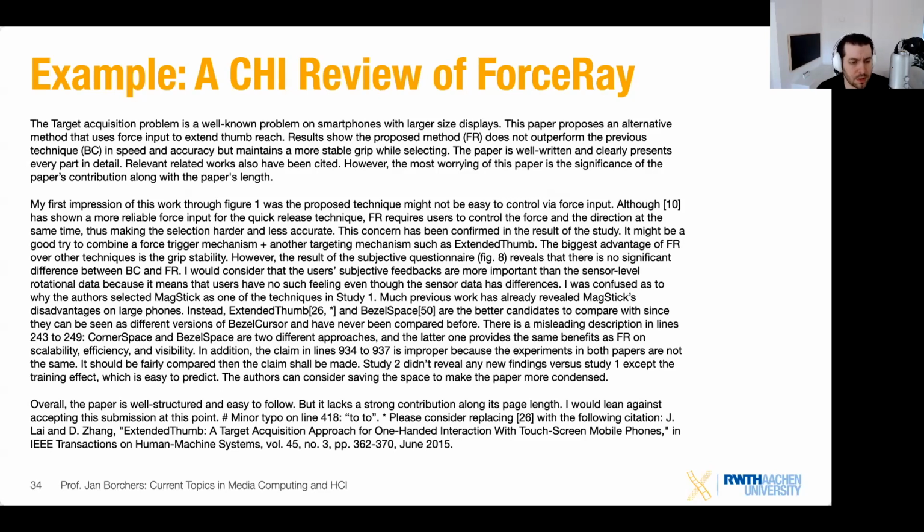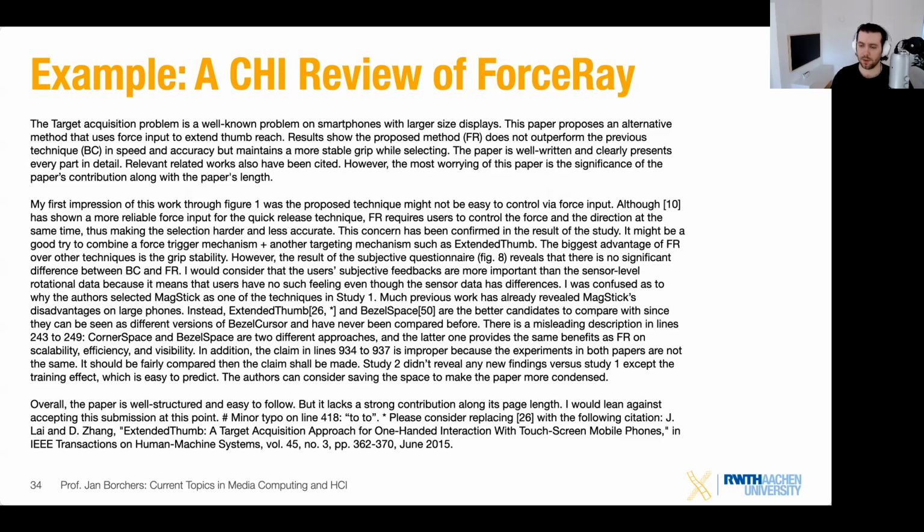Overall, the paper is well structured and easy to follow, but it lacks strong contribution along its page length. I would lean against accepting this submission at this point. And then there's a list of minor typos, such as on line 418. And please consider replacing source 26 with the following citation, and then there's the name of the paper that they suggest.